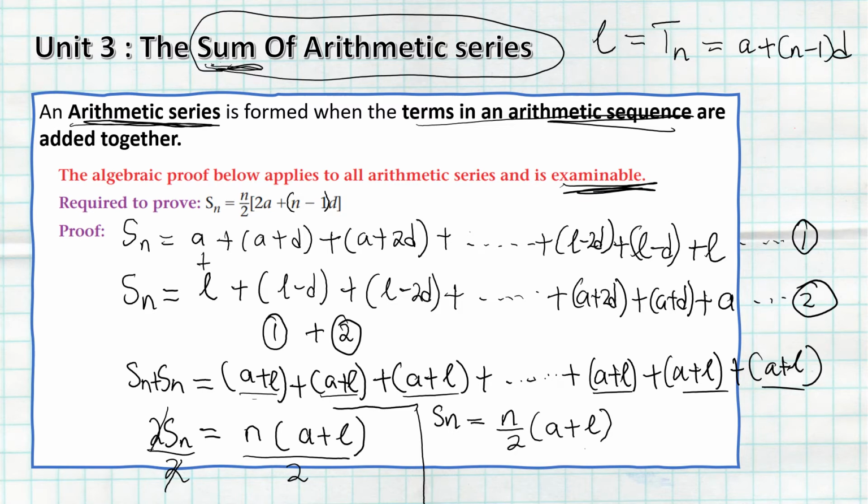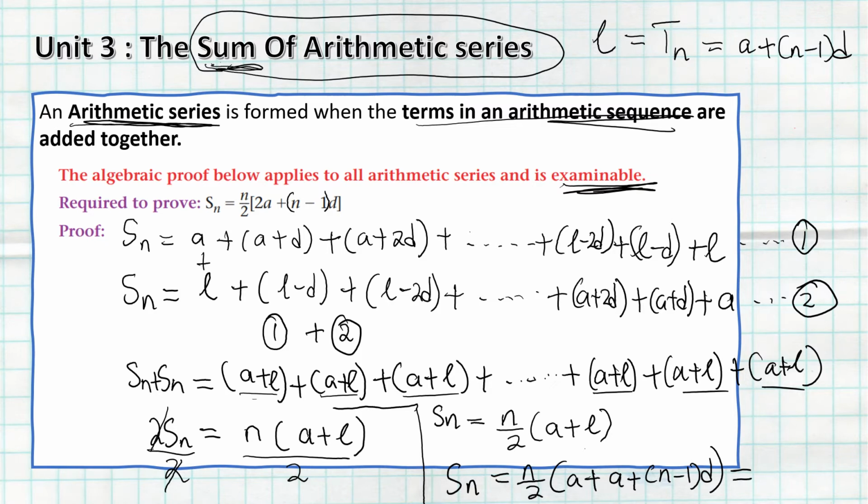So where there is l, we can replace it by a plus n minus 1 d because it's tn. So we can write Sn as n over 2 into a plus our last term, which is tn, a plus n minus 1 d, right?